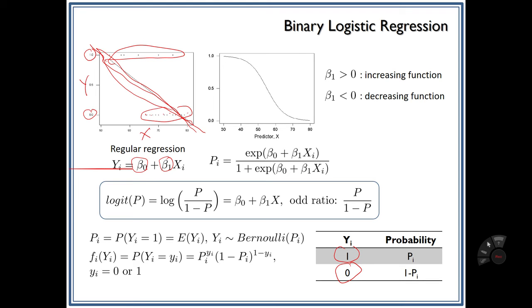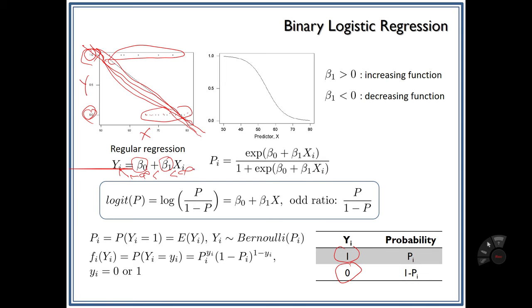Then we're gonna find this kind of line. Then what is bad about this line? If we use this regular regression, then the prediction for y can range from negative infinity to positive infinity, even though the y value can take only 0 or 1.